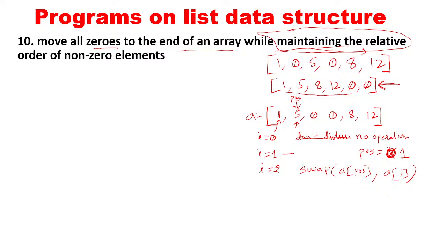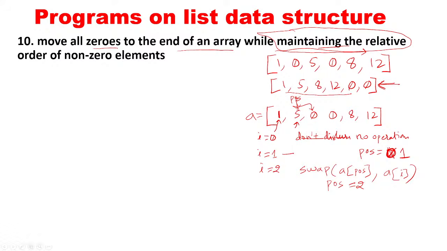Once you swap here, the position of the next element to be swapped should increase. Yes or no? So the position value should point to the next element. That's why after this, you increment the position value. So position value now becomes 2. This is the position where you need to swap.